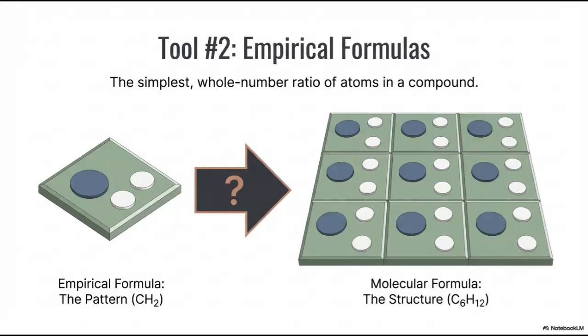The molecular formula is going to be how many of those small patterns I can see in the big one. This one is a little misleading because it has 3, 6, 9, so it should be 9 times the 18 hydrogens.